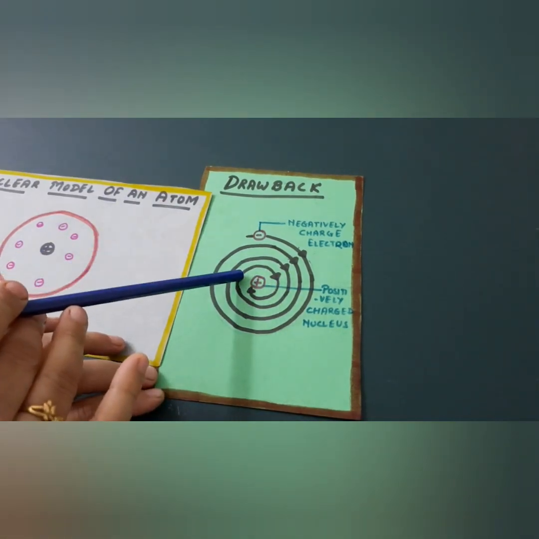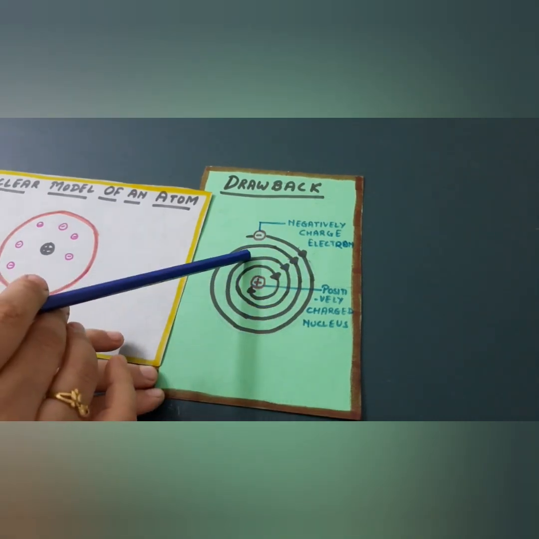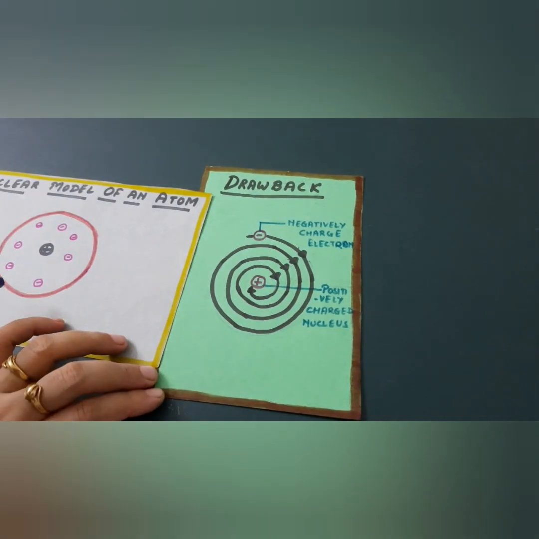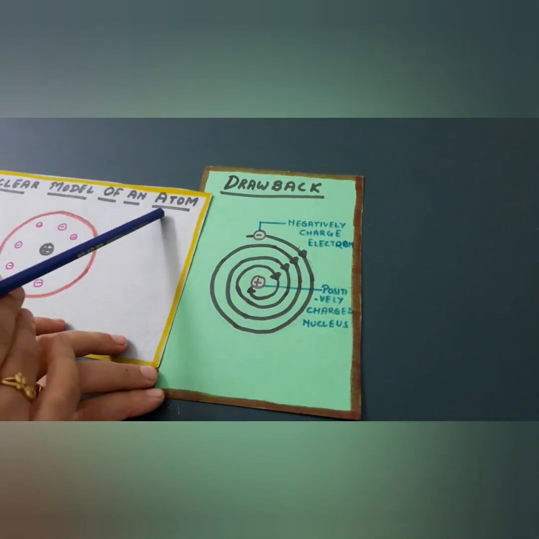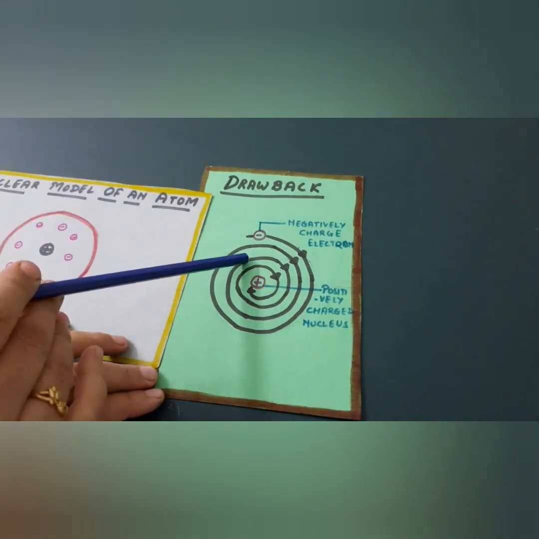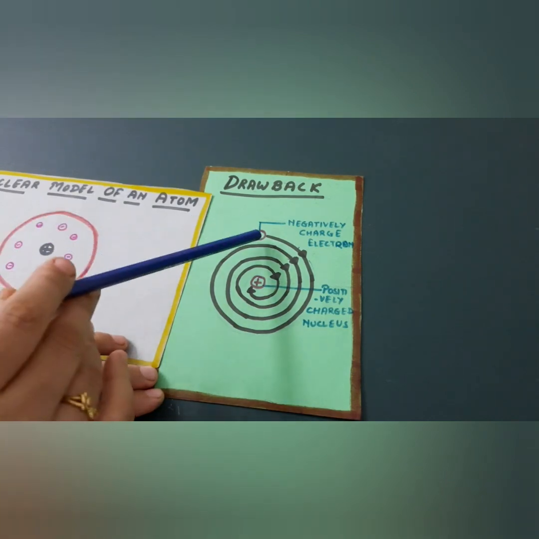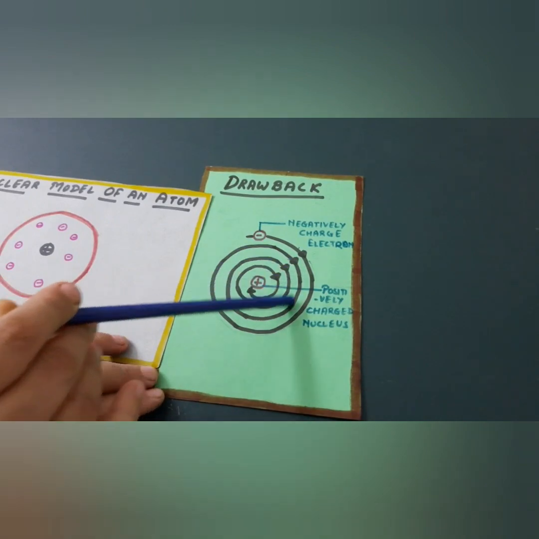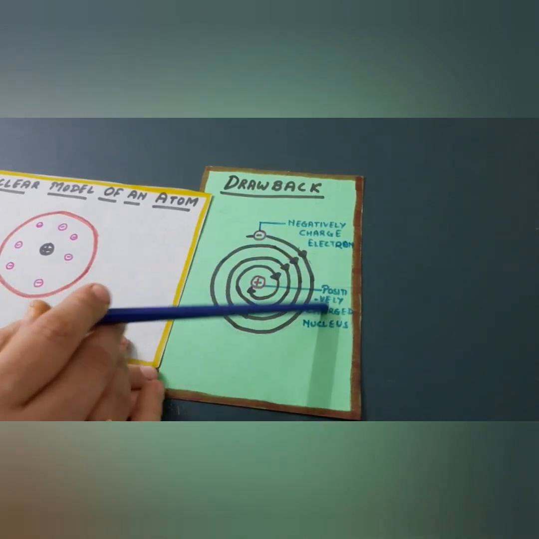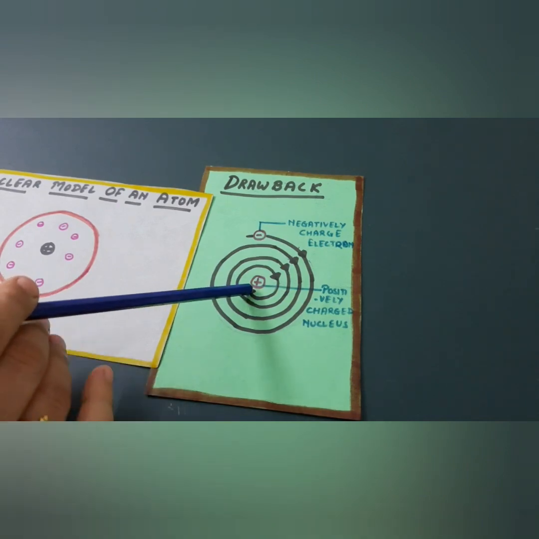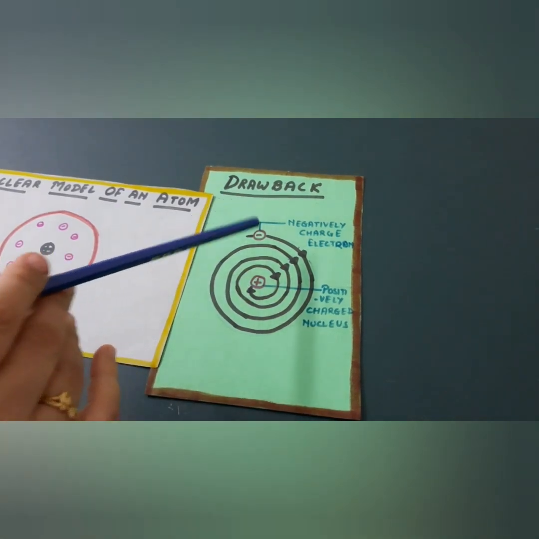So what is the result? According to the Rutherford model, the atom will not be stable, but in reality the atom is very stable. That's why this model was not accepted: when the electron takes a round around the nucleus, after some time it radiates energy and falls into the nucleus. This was the biggest drawback of this model.